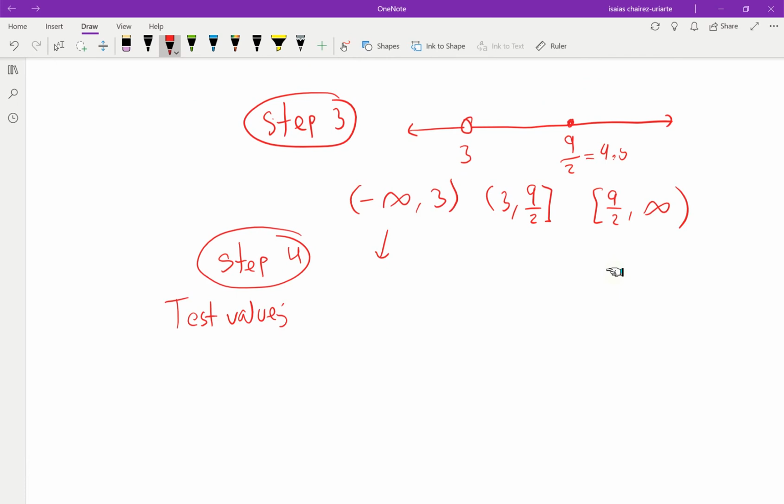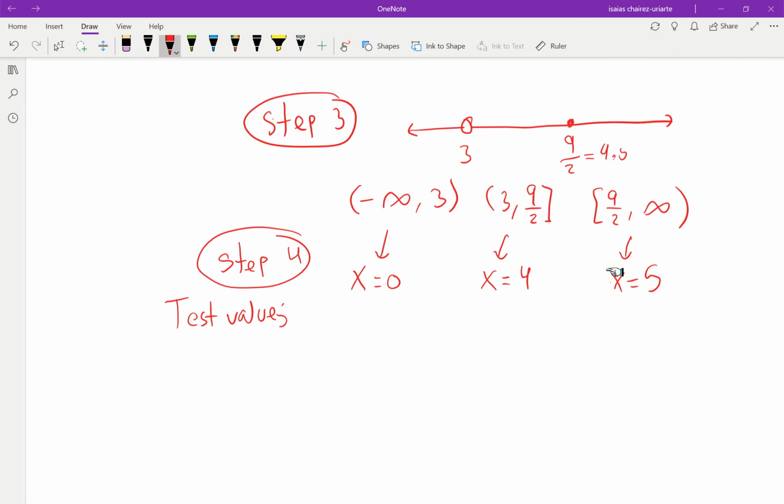I don't know, let's say x equals 0. That one's easy. Let me pick a value from the interval 3 to 9/2, 3 to 4.5. Well, I'm going to say 4. Let me pick a value in the interval 4.5 to positive infinity. I'll just pick 5, whatever makes my arithmetic easy.